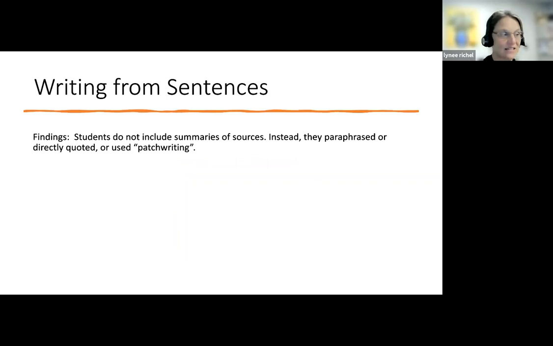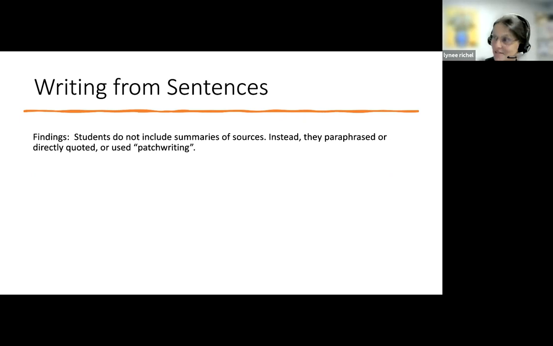The first finding was that students will write from sentences. Most students will only use 1 or 2 sentences of a source, and they only use the first or second pages of the sources that they use. These were papers from freshmen going into sophomore year, so second semester freshmen. They were working from only 1 or 2 sentences for each source for about 94% of the sources that they quoted.